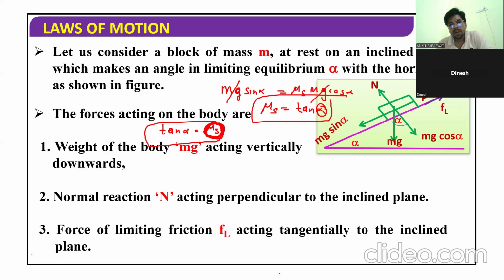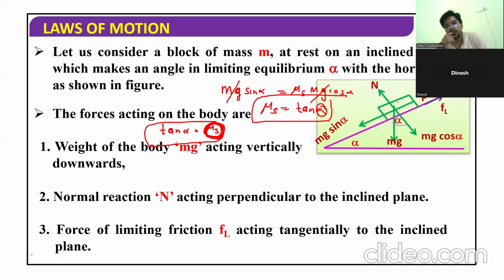If you ask me about FL, there is also the angle of friction and the angle of repose. If you look carefully here, one condition is just begin to slide. But for the angle of friction, we take the normal and FL. Here we are not taking the normal and FL.